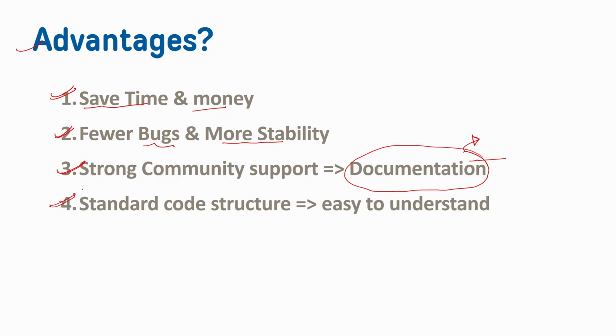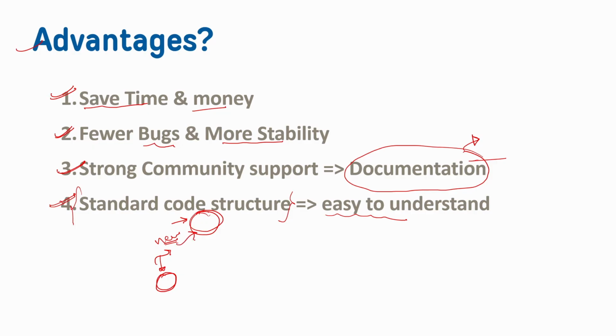The fourth advantage of using a framework is that it provides a standard code structure. Consider one organization is using the framework, and a new developer joins who has already worked on this framework.